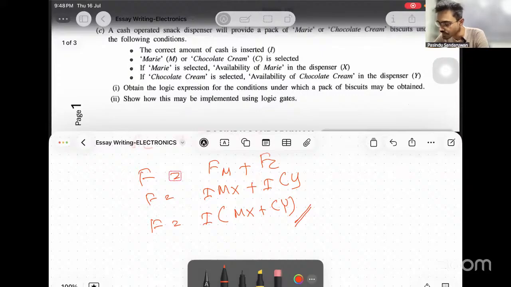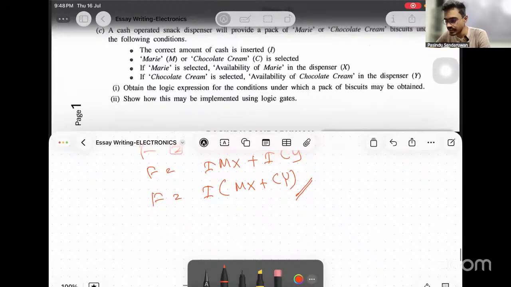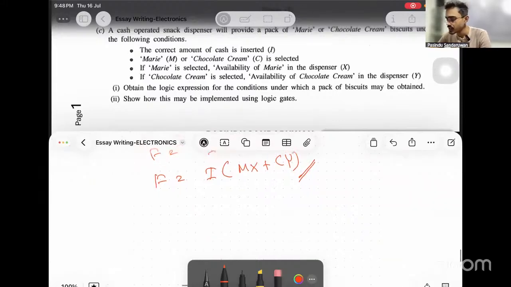Second one, show how this may be implemented using logic gates. Then, drawing a logic circuit, a digital circuit, for a given output. The inputs are I, M, X, C, Y. There are five.